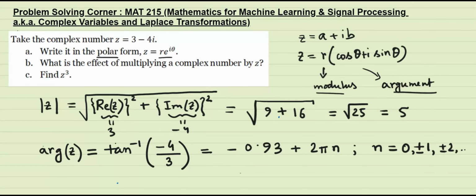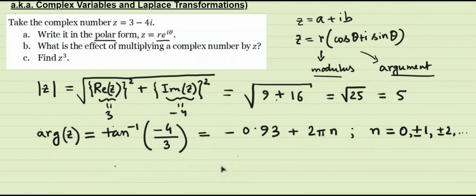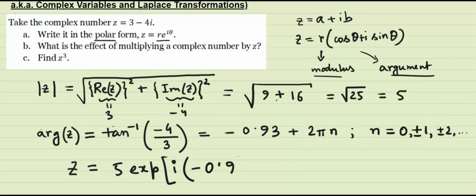So how do I write it in the polar form? z equals 5 times e to the power i times negative 0.93 radian plus twice pi n, where n is any integer.